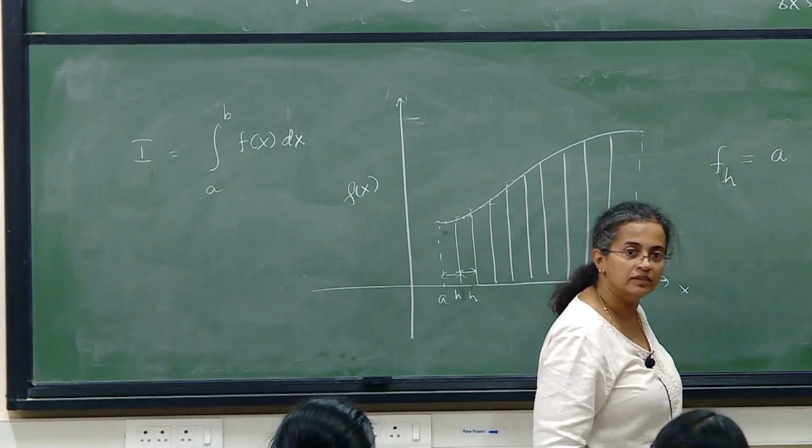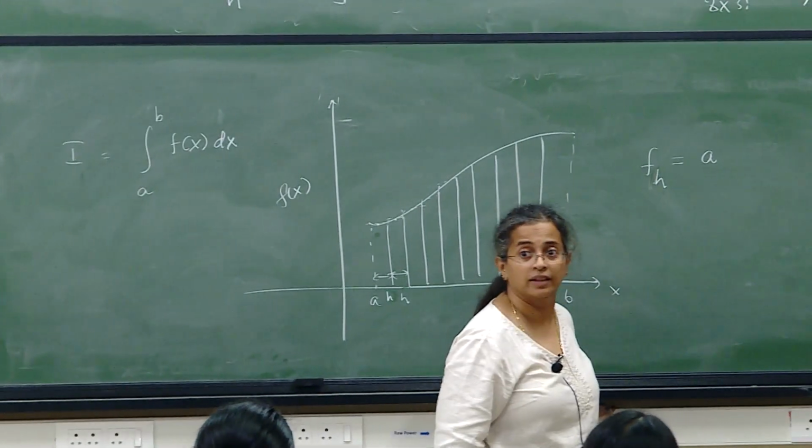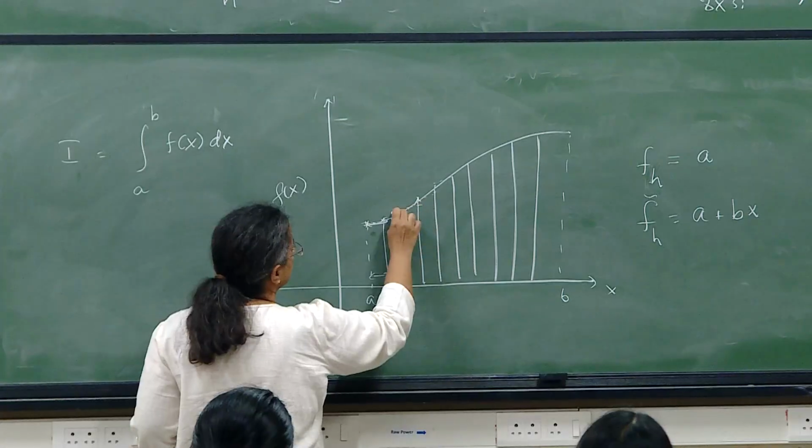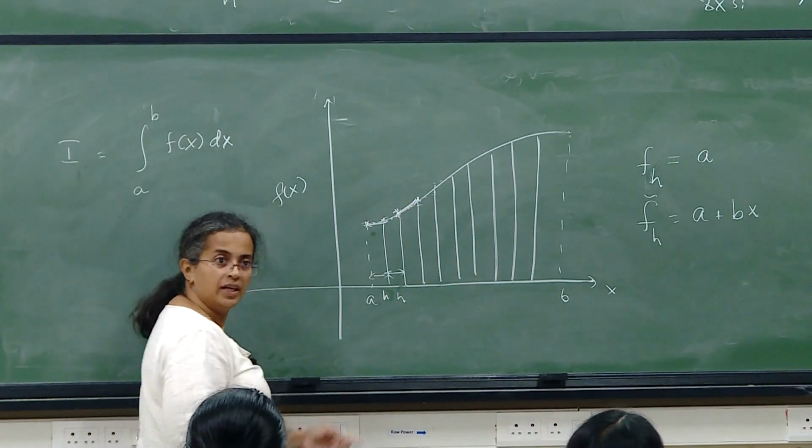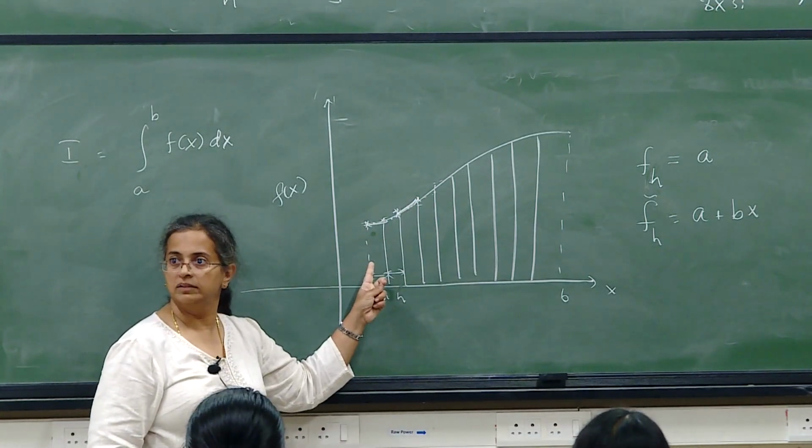What can I do better? I can do a straight line. Then I can say f tilde h is a plus b x. If I approximate it by a straight line, I take 2 points and put a straight line. It certainly approximates it better.